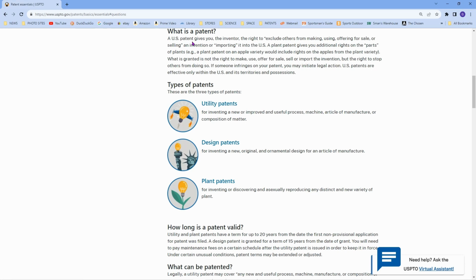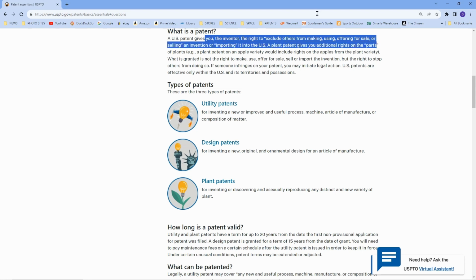Now, a patent is a document the government gives you, the inventor, to exclude others from making your product or invention. It helps you protect your right as the inventor to use and make a profit from your invention. These patents come in 3 basic types: utility, design, and plant.